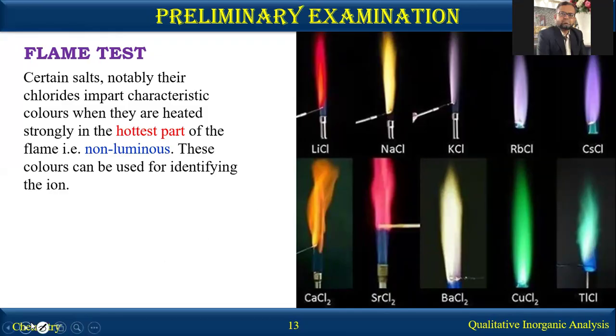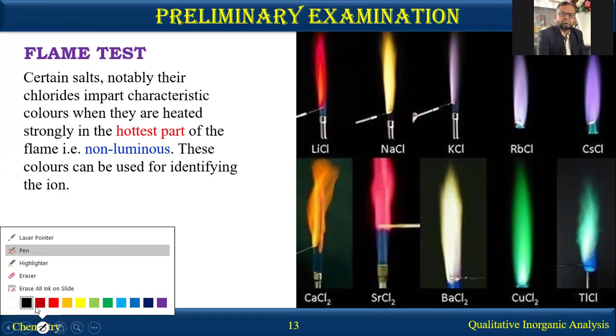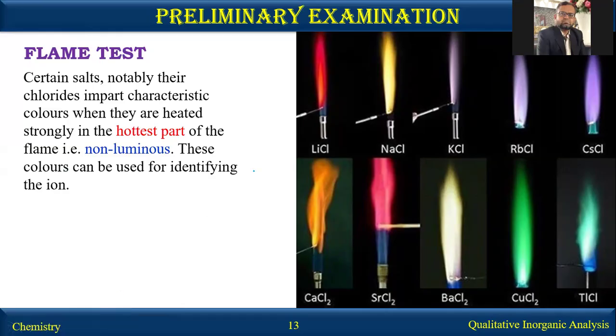This is part of our syllabus. Lithium is not part of the syllabus. Sodium is part of the syllabus, but usually not given. But in viva the teacher may ask you the flame color of sodium and potassium.